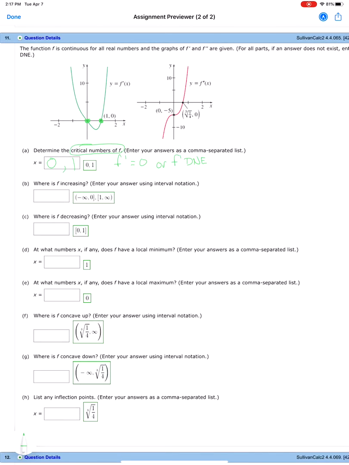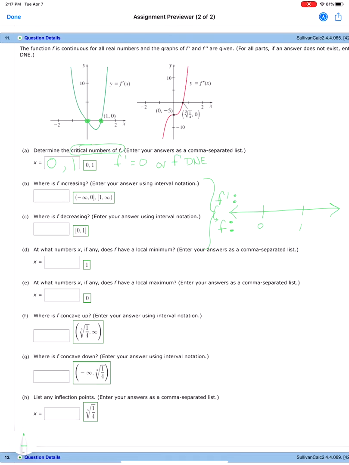So if we think about these two problems together, think about when you do your sign analysis and you put your critical points on your number line and you sub into f prime and you determine where f prime is positive and negative so that you can make conclusions about where f would be increasing or decreasing.